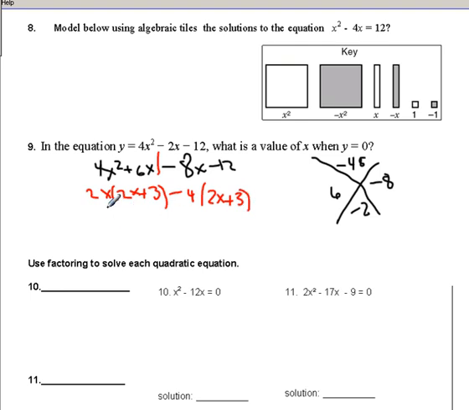And so my factors are 2x plus 3 and 2x minus 4. Now as I look at this, one thing I noticed that I should have done, if I'm going to use factoring, I should have done a GCF first of 2. But it's okay that I didn't, because see this 2x minus 4?